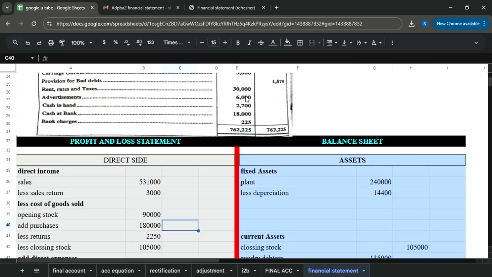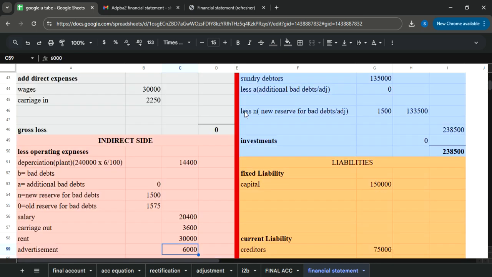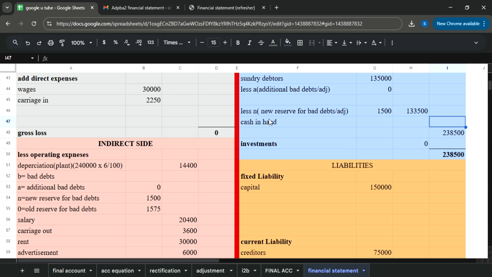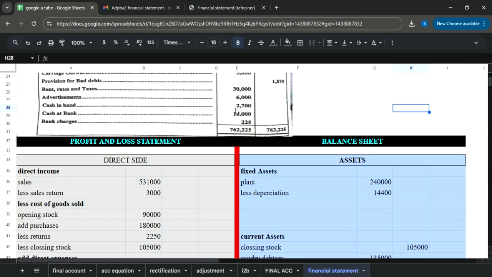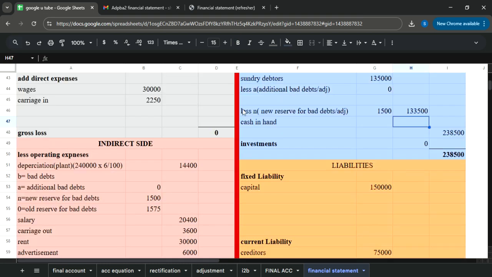After advertisement, we have cash in hand 2700, current asset. So here you will write cash in hand, amount of which is 2700.